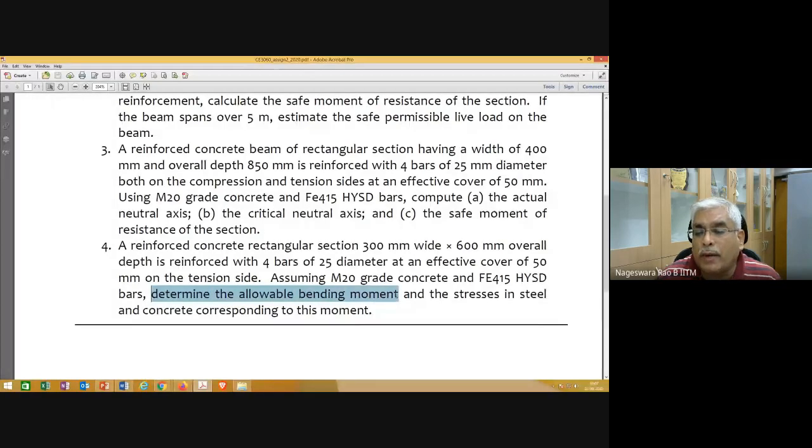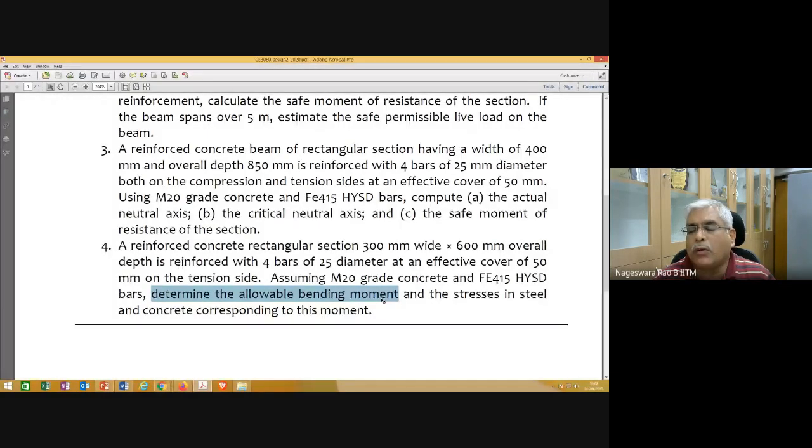And what about the fourth one? Determine allowable bending moment and stresses in steel and concrete corresponding to this moment. Allowable bending moment is nothing but the maximum load, the maximum moment capacity. At that point, what are going to be the stresses? By the time you calculate this allowable bending moment, you will be knowing whether steel is going to reach its permissible limit first or concrete is going to reach its permissible limit first.